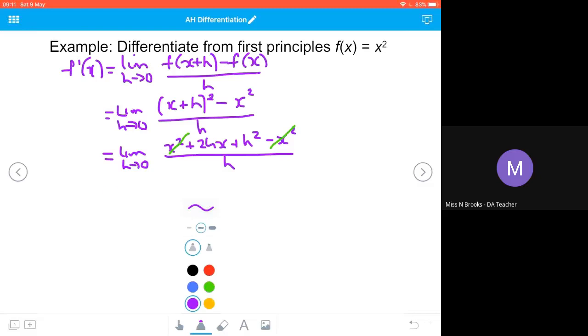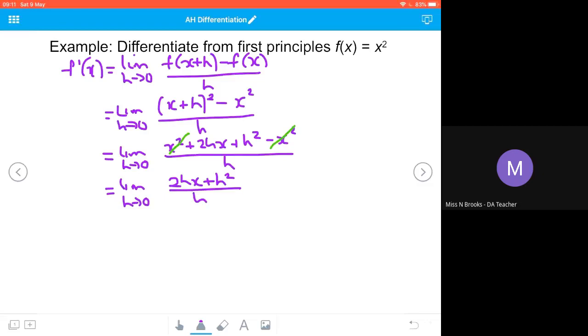And so my limit becomes 2hx plus h squared over h. Now you can see I've got a common factor of h, which is going to allow me to cancel my denominator. So my limit, I've got h times 2x plus h over h.